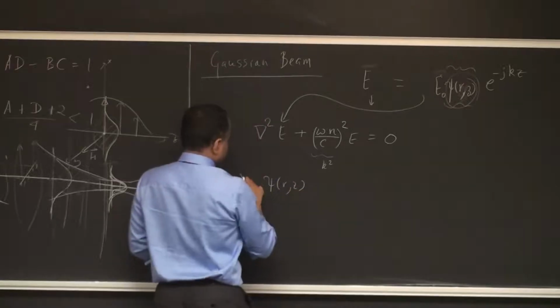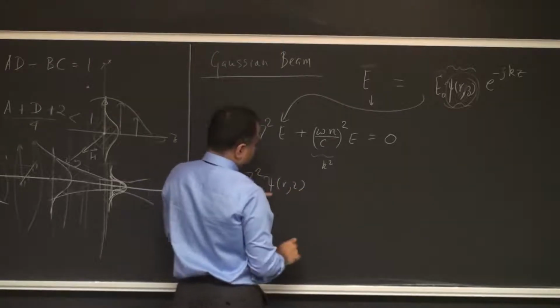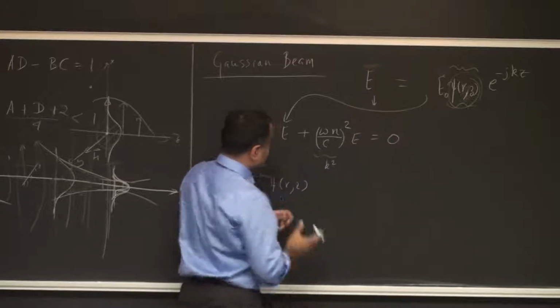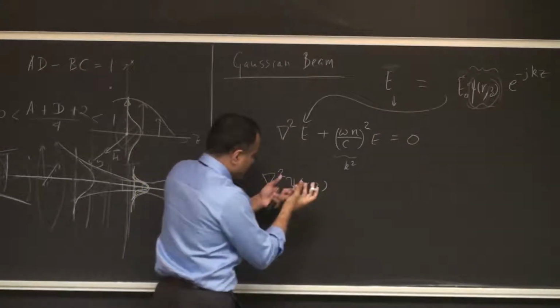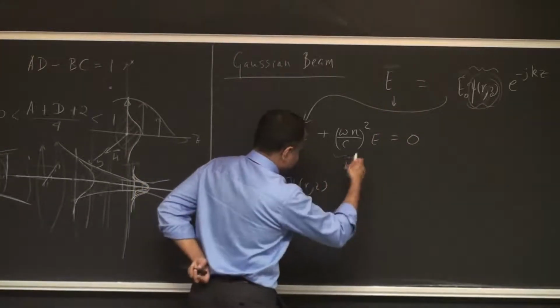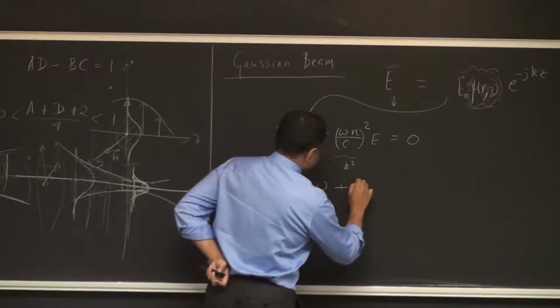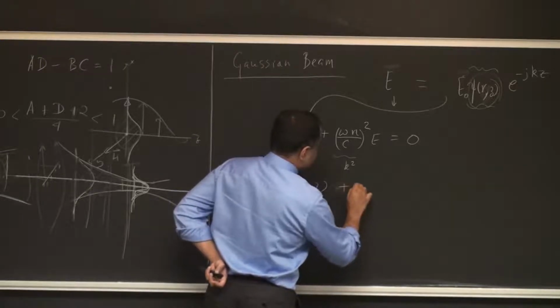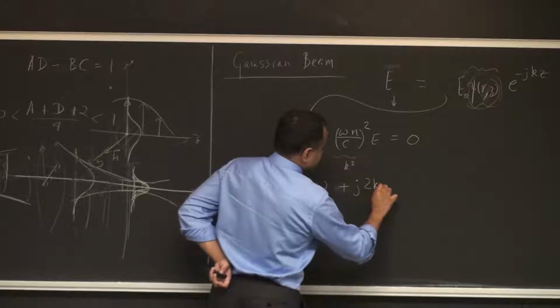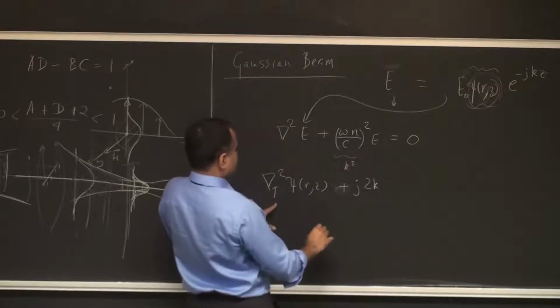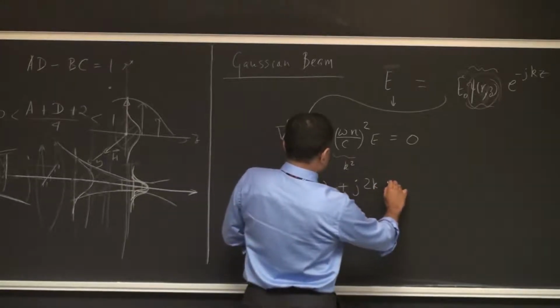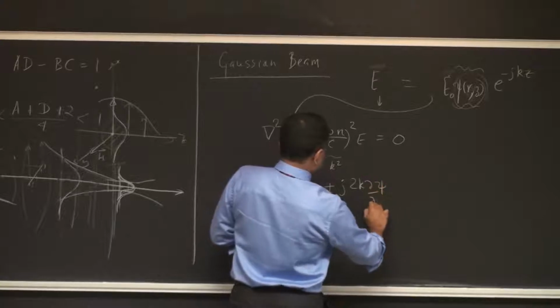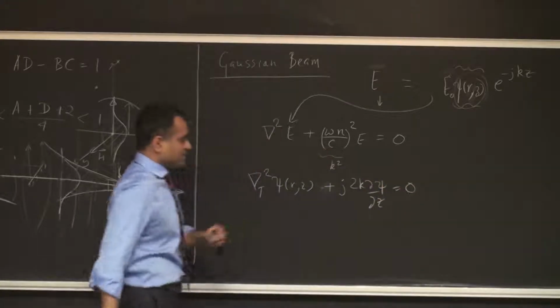In fact, you get another equation on psi, this lateral spread of the electric field, and I think it looks something like 2k times dpsi over dz is equal to 0, something like that, right?